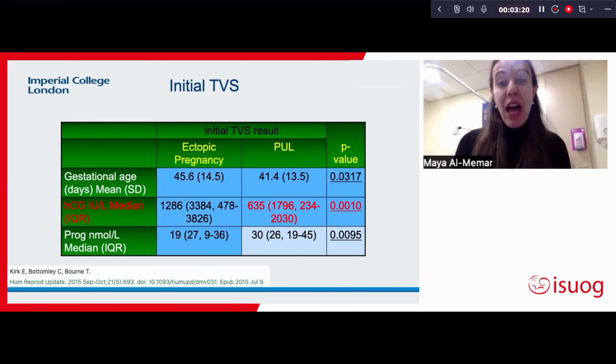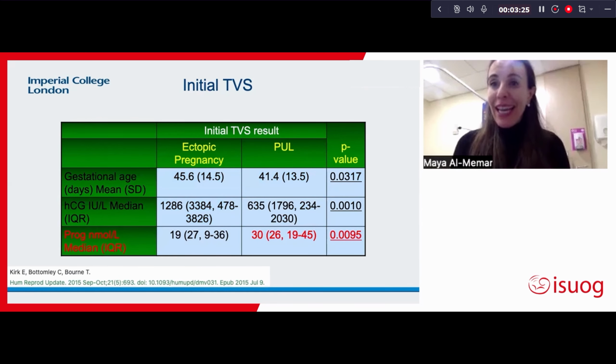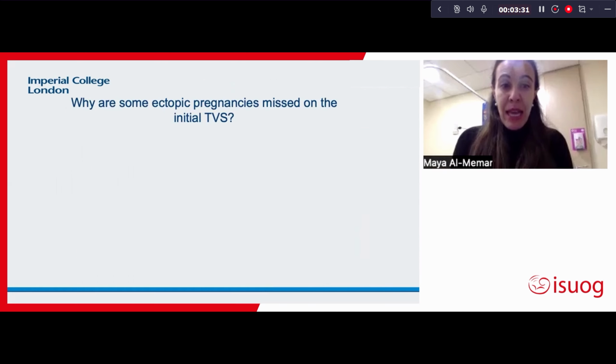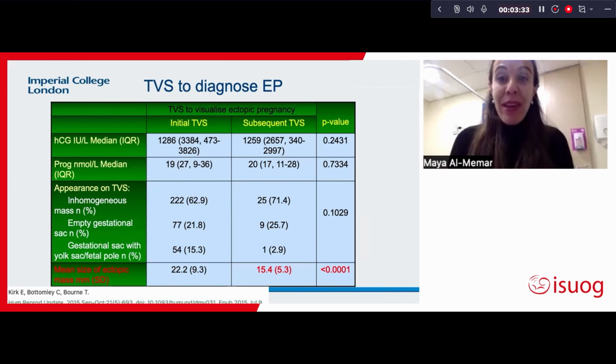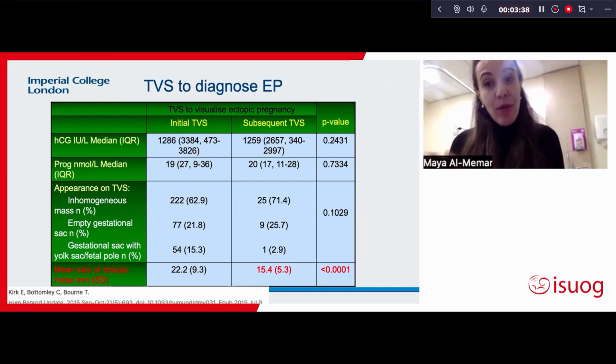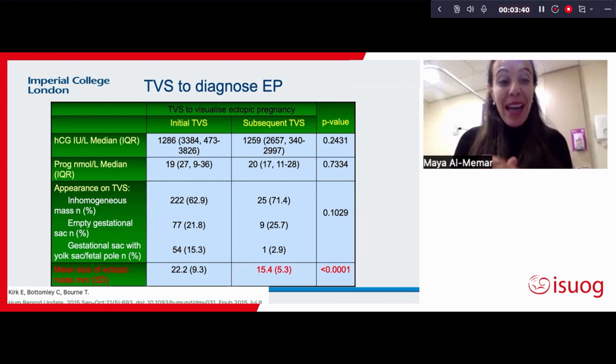They also have a lower mean serum HCG, but interestingly, a higher median progesterone level. And in fact, when we then look at the size of the ectopic pregnancy at the time of diagnosis, they also had a smaller size of ectopic pregnancy when scanned afterwards.